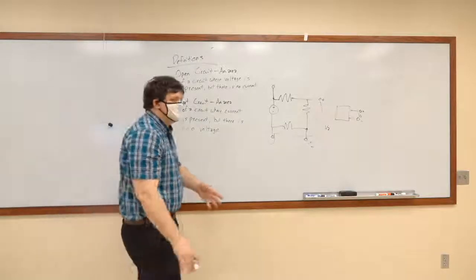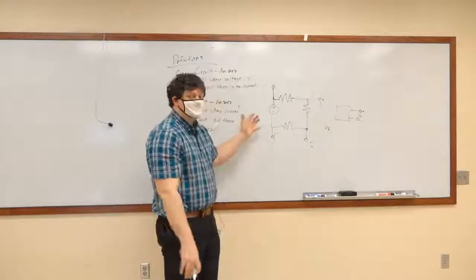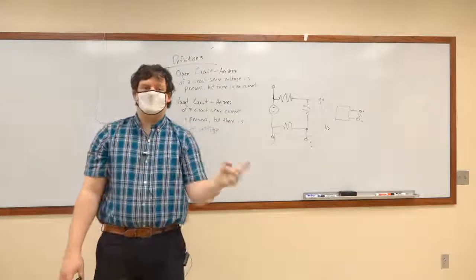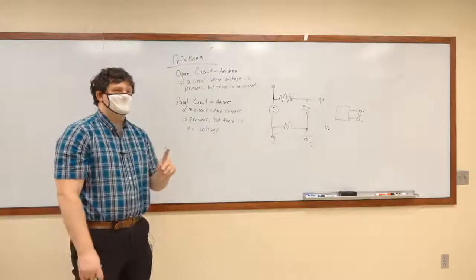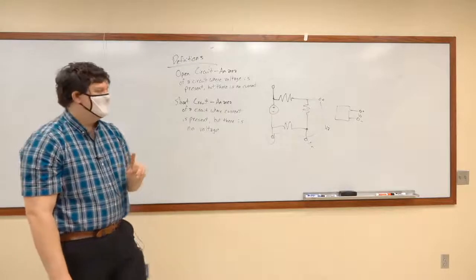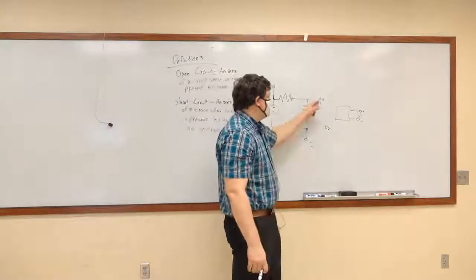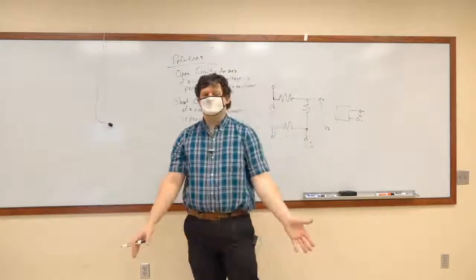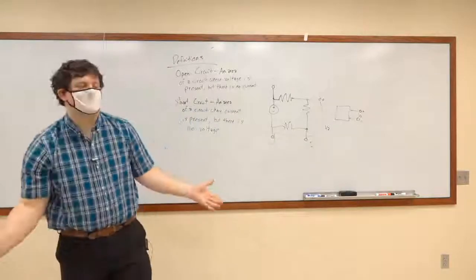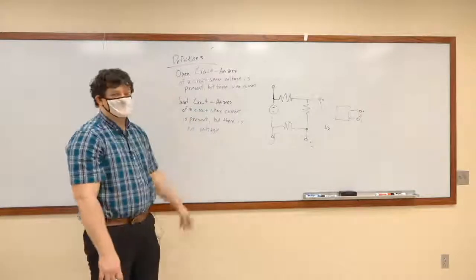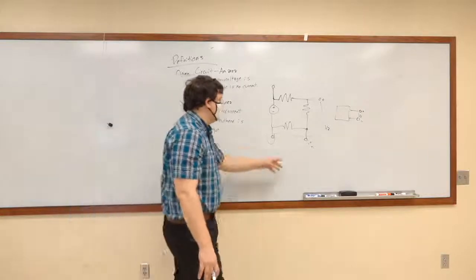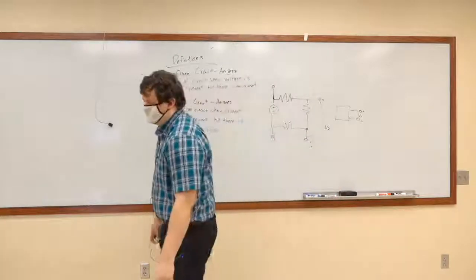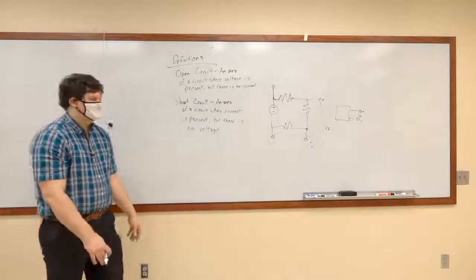Here now, we're replacing a bunch of resistors and a voltage source with something equivalent that's going to provide the same output, okay? And the two things that are most important about that output are how much voltage is between these two terminals when there is no current flowing through them, which is the open circuit voltage, and how much current would flow between these two nodes if I were to plug in a wire, effectively creating a short circuit.